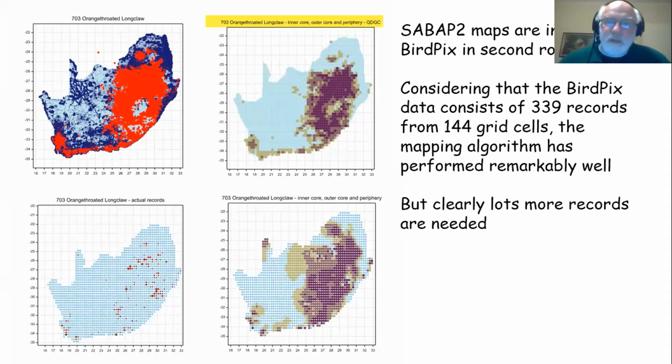So it's amazing how well the interpolation has performed, considering how little data it has to work with. So I'm actually quite encouraged. I'm still fine-tuning the algorithm, but I think it's going in the right direction.